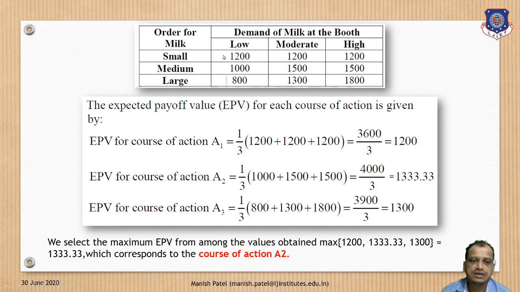What is the favorable course of action? It is the highest out of all three, which is 1333.33. That is the maximum payoff, which is the payoff value of course of action A2. So based on the Laplace criterion, the decision maker is going to go for course of action A2.